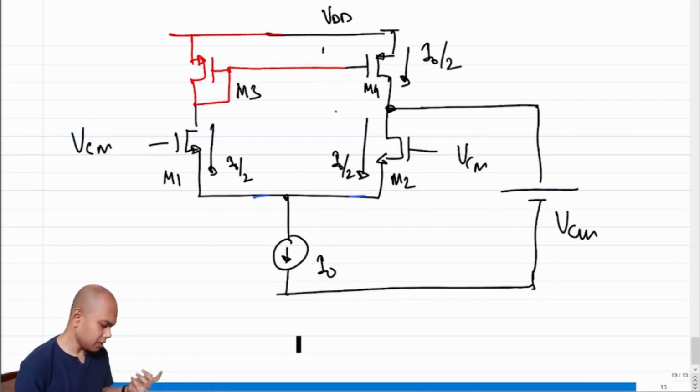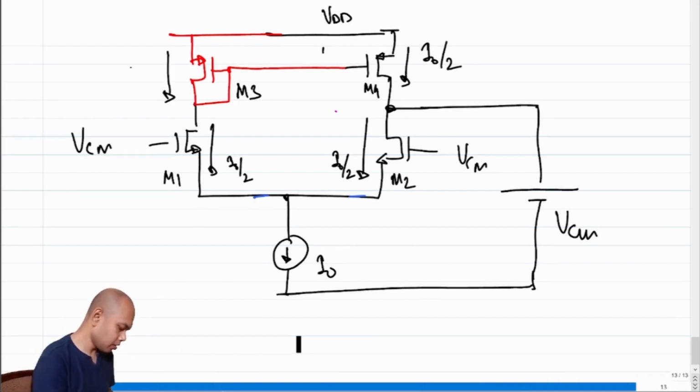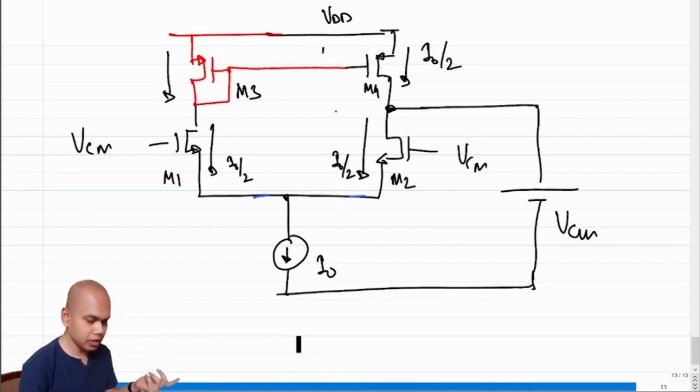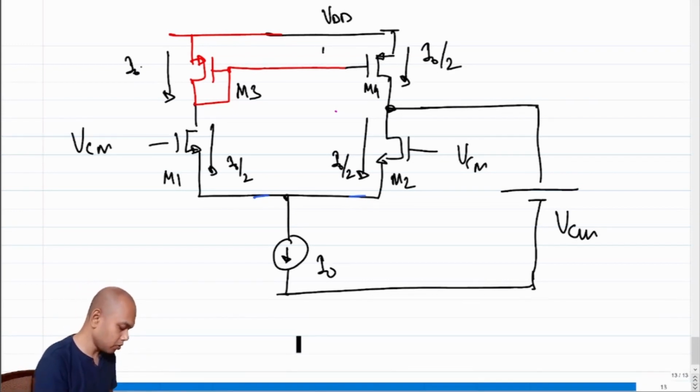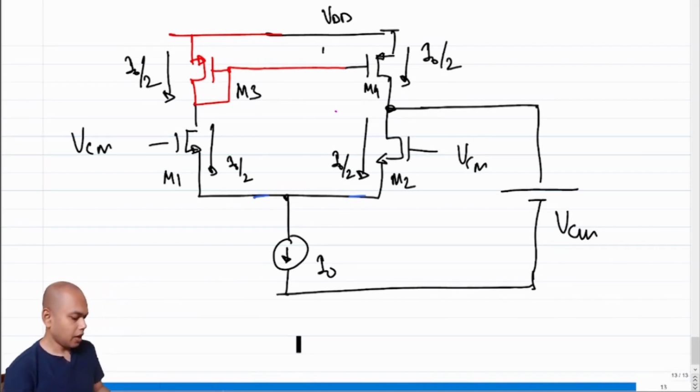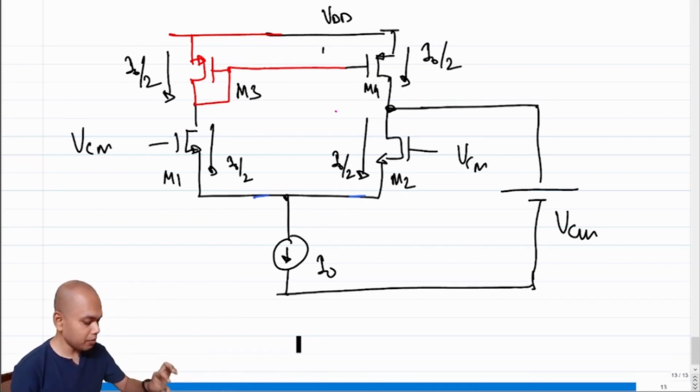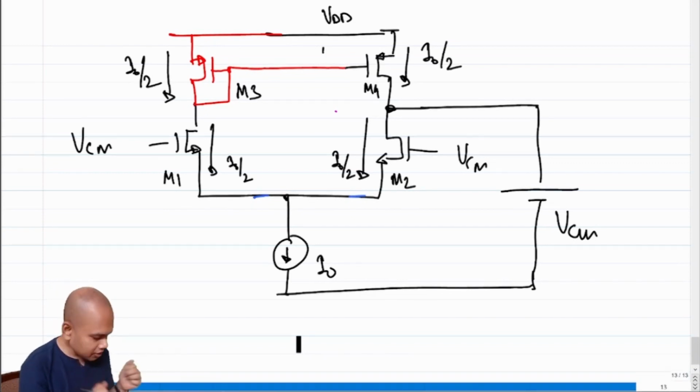What is the quiescent current through M3? The quiescent current through M3 is exactly equal to the quiescent current through M1, which is I naught over 2. Because of the current mirroring effect, the VSG of M3 becomes exactly equal to the VSG of M4, which means M4 also gives us I naught over 2. So this gets biased perfectly. Correct? This makes sense.